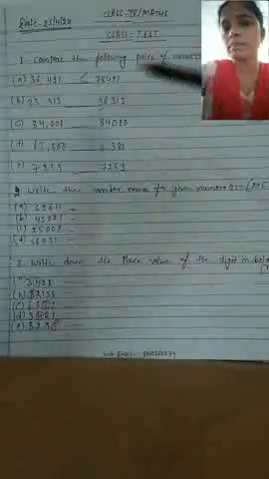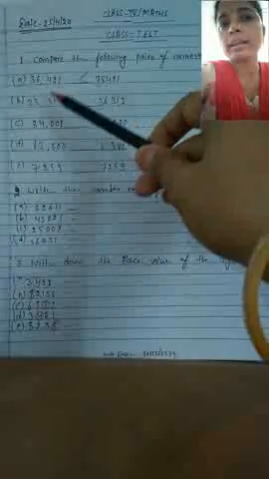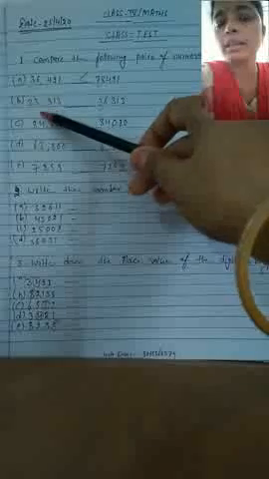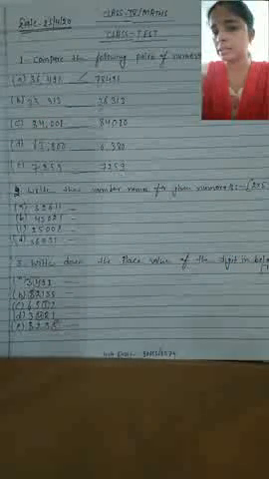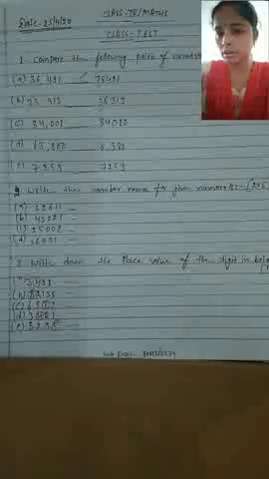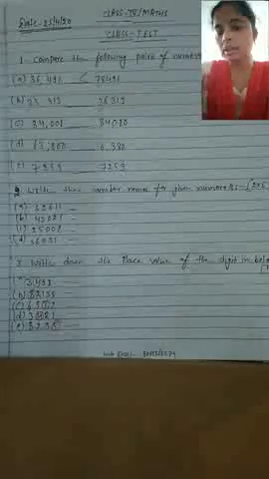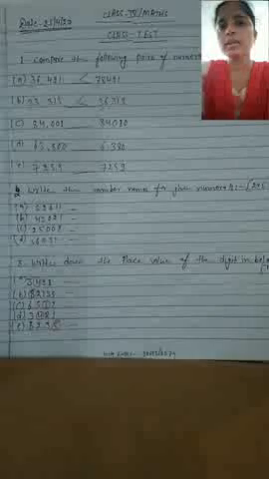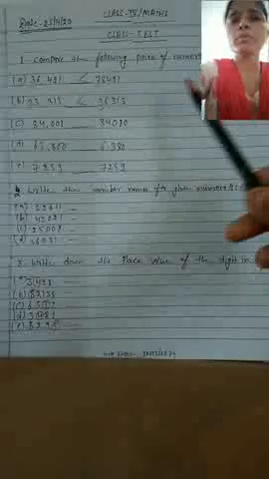In the 1,000 place 6 is there, and in this one in the 1,000 place 3 is there. So it is clear that 6 is greater than 3. Is it clear? So here 6 is greater, so we will put the greater sign in this way. Now we will move to the next one.